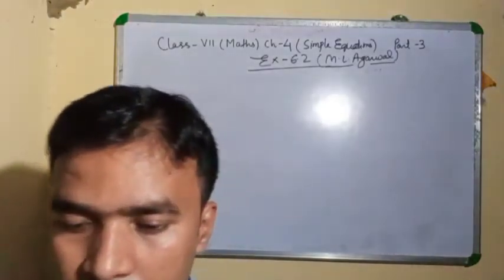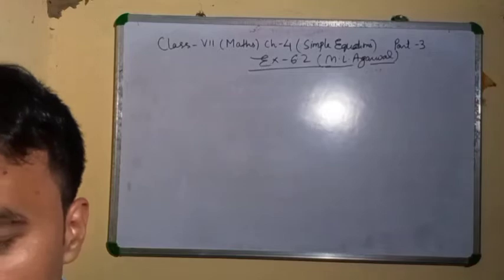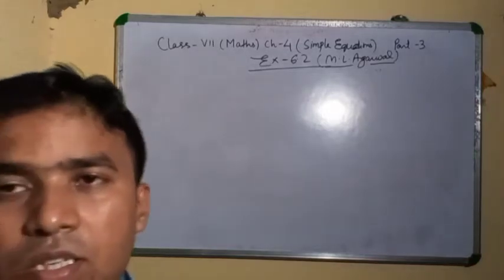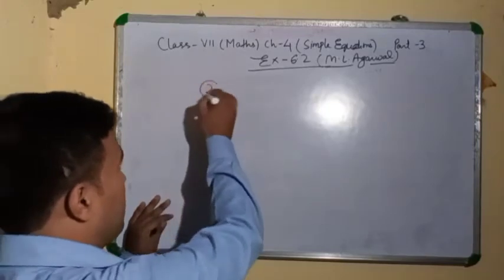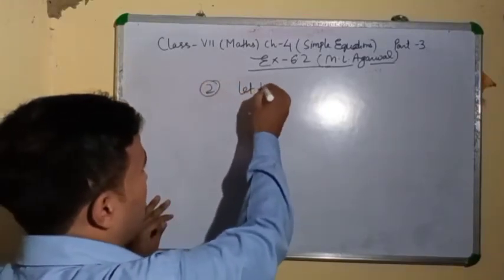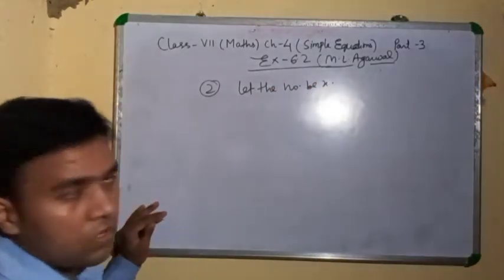Second question, find a number such that 1/4 of the number is 3 more than 7. Clear? Let the number be x.